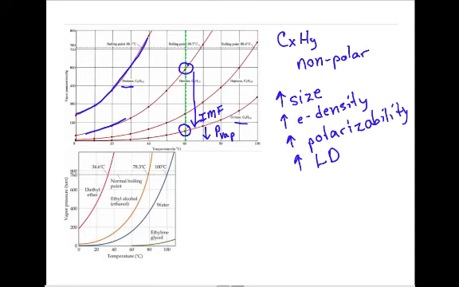Now, the other point I want to make here is this line right here. All of these are boiling points, all right, every single one of these could be considered a boiling point. So if we were looking at a phase diagram, pressure versus temperature, these are graphing this portion of your phase diagram.